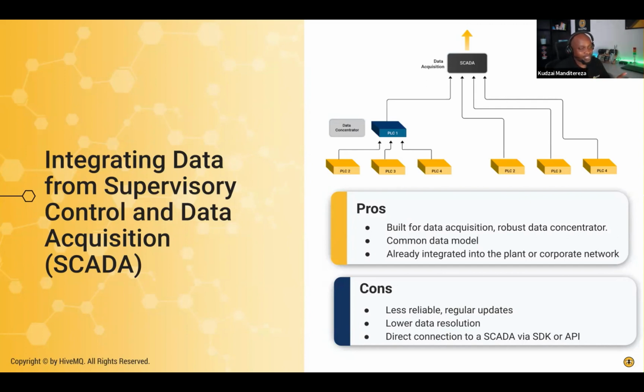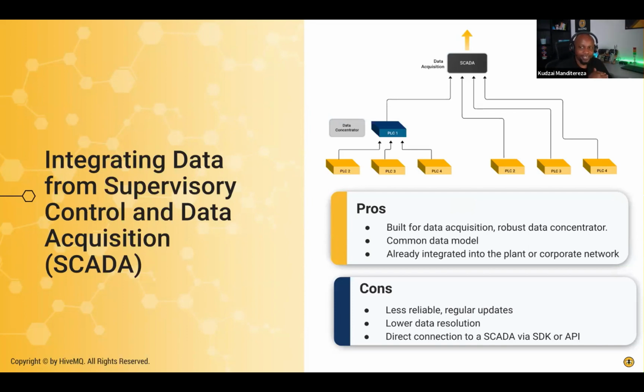Your SCADA system, as already mentioned, is already built for data acquisition, which is the biggest advantage of collecting your data from a SCADA system, because it already has a robust mechanism of collecting data from all this equipment on your factory floor. It has already got some built-in drivers for all the different PLCs. So that's the advantage of using your SCADA system as a source of your data acquisition.